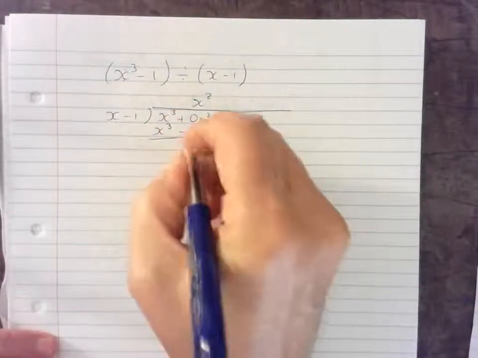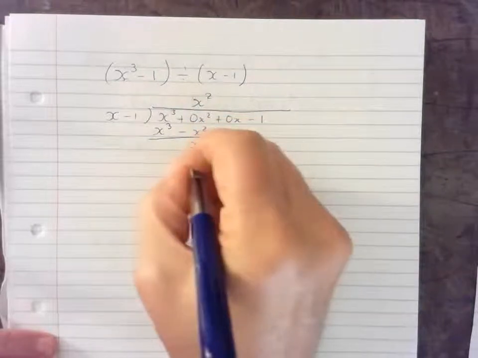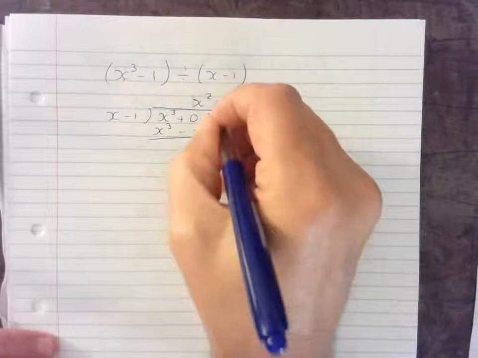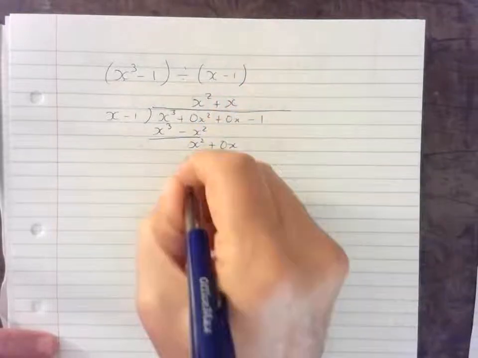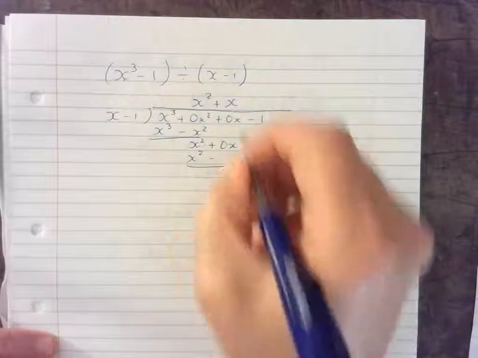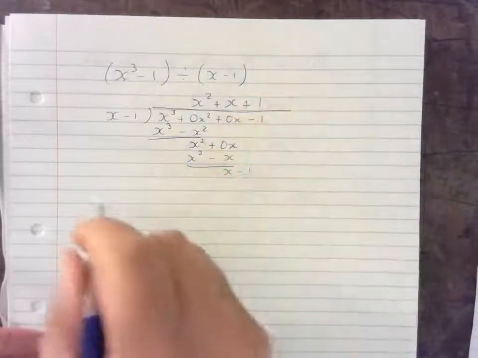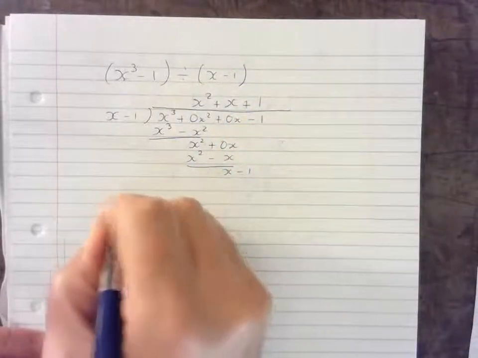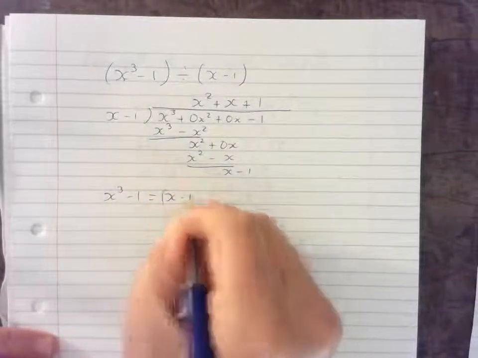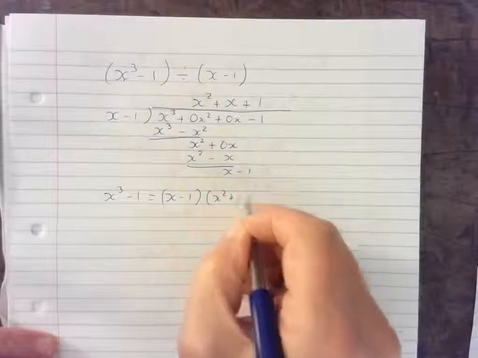And then 0x squared minus x squared gives me positive x squared, and I'll bring down that 0x. So my next one's going to be positive x, and that gives me x squared minus x, positive x minus 1, and that gives me a positive 1. So x cubed minus 1 is going to equal x minus 1 times x squared plus x plus 1.